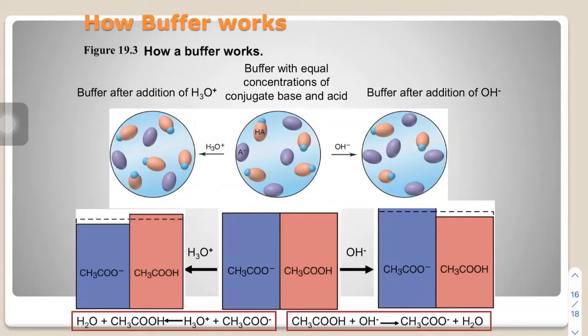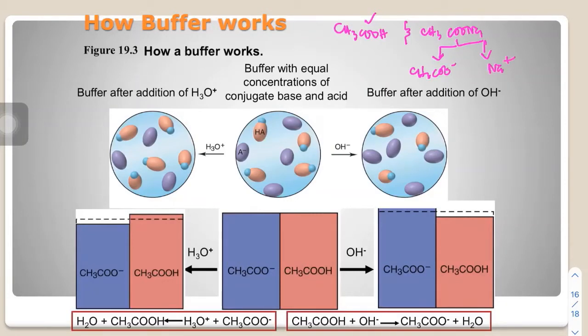So we know that this is the buffer system when it consists of CH3COOH and also its salt, CH3COONa. So in the system we have acetic acid, and for the salt we are actually having acetate and Na+.